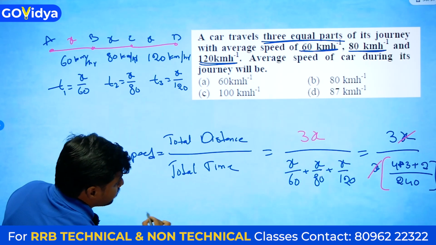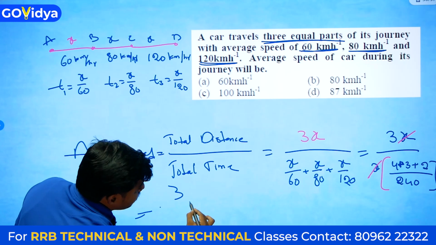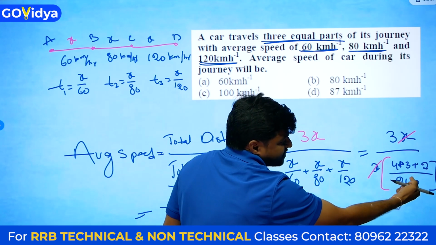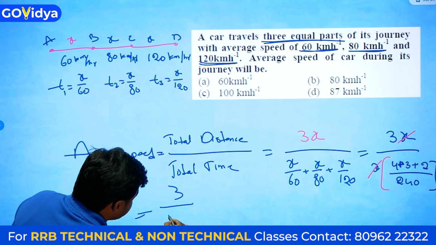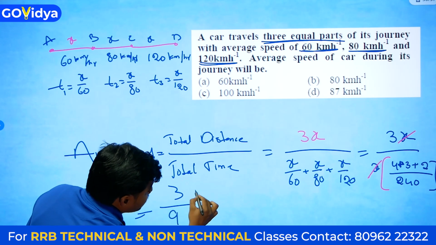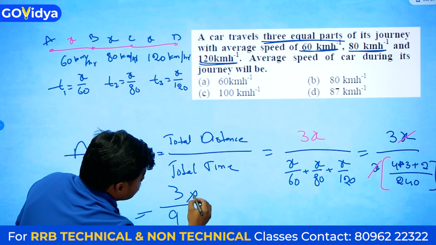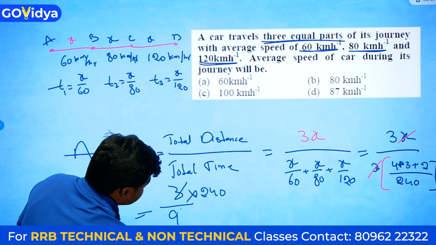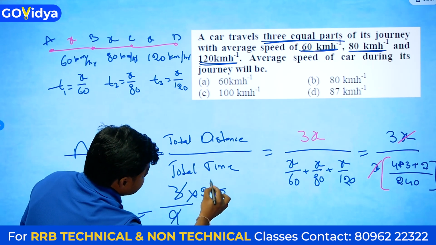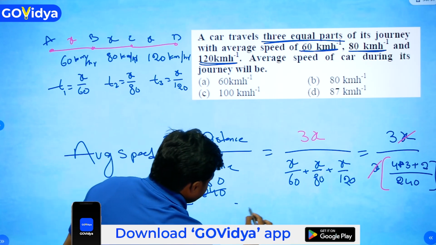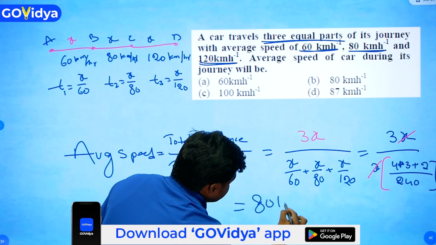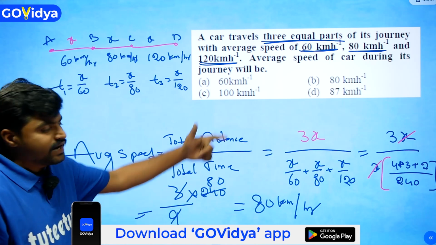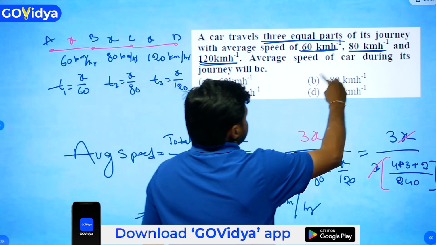So 3 by 4 plus 3 plus 2. 4 plus 3 is 7, 7 plus 2 is 9. 3 by 9 into 240, the 240 comes to the numerator. 3 1s are 3, 3 3s are 9, so 3 1s are 3, 3 80s are 240. The average speed is 80 km per hour. Option B is the correct answer.